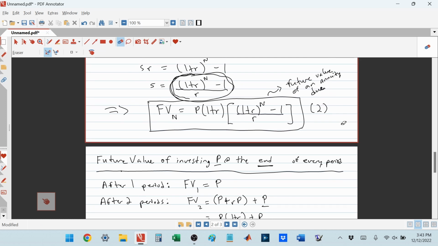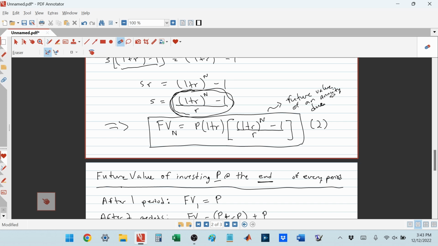Now what I want to do here with the annuity due equation is I want to simplify it. I just want something multiplied by P. So I want to multiply this 1 plus R, or I want to simplify equation 2.